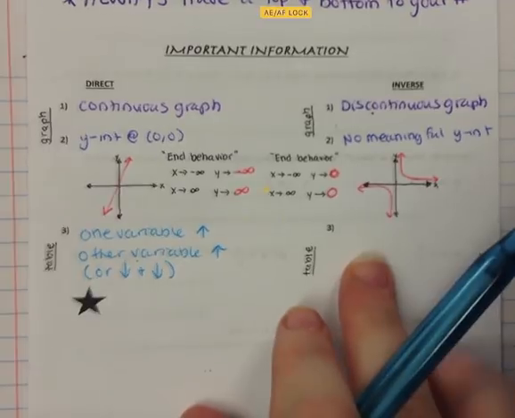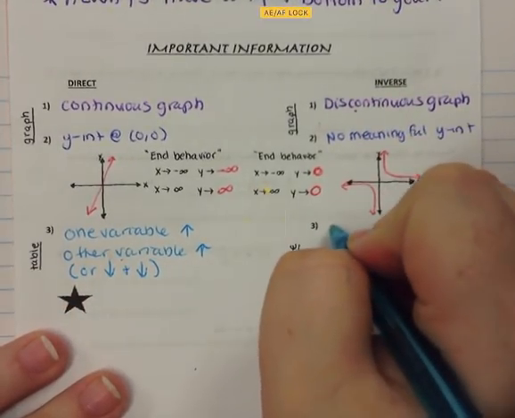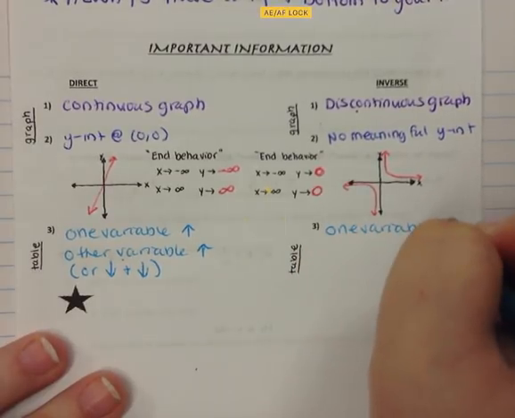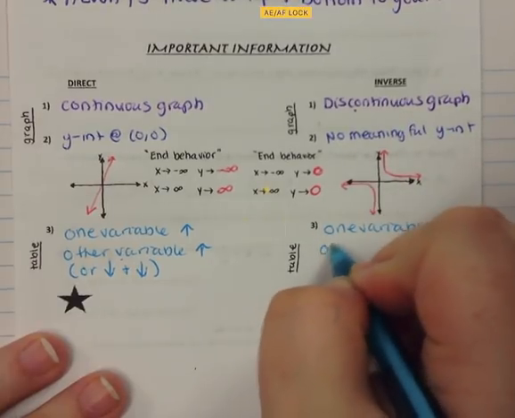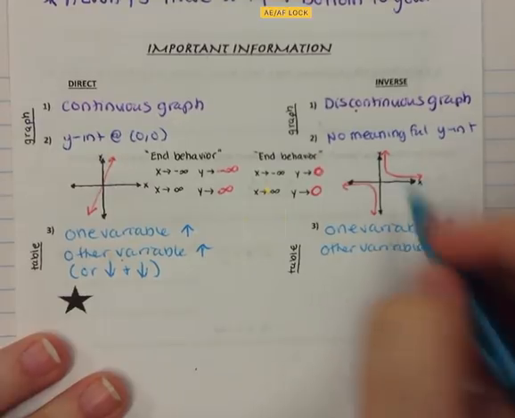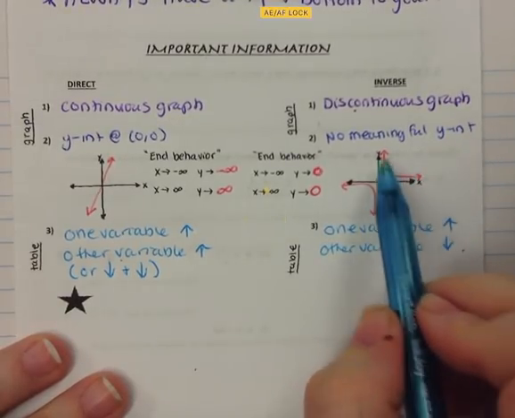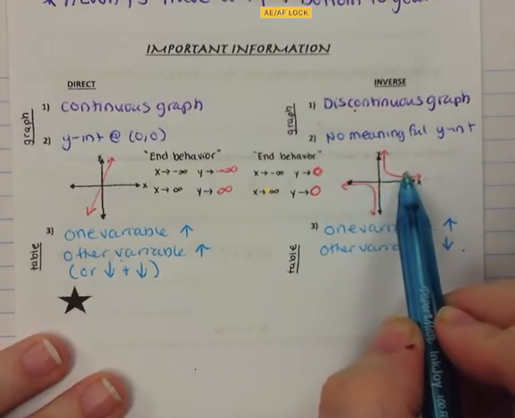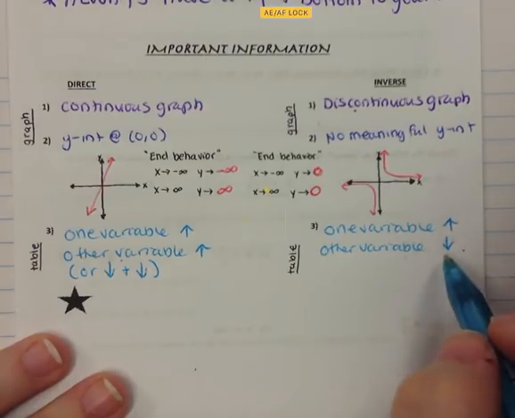Now for table of values, if you have a positive k value, if you see that one variable is going up, so say your x values are going up, then your other variable, your y's, will actually be going down. Because as I'm going to the right, my y's are actually going down, and it will keep getting closer and closer and closer to 0, but it will keep going down.